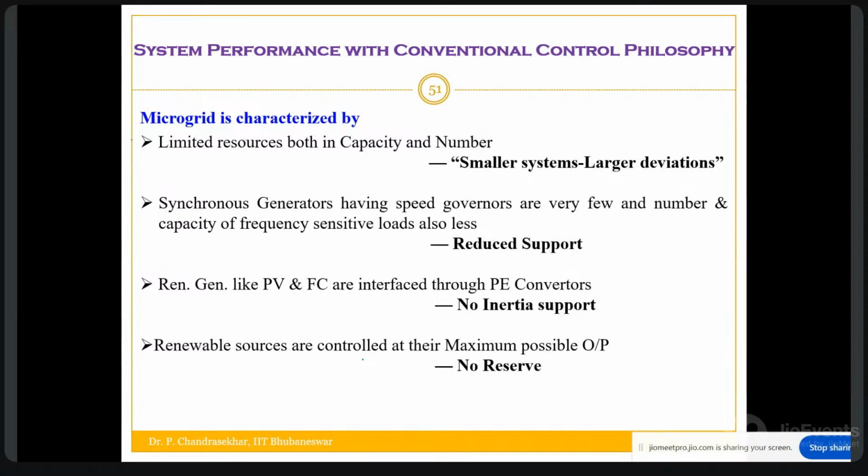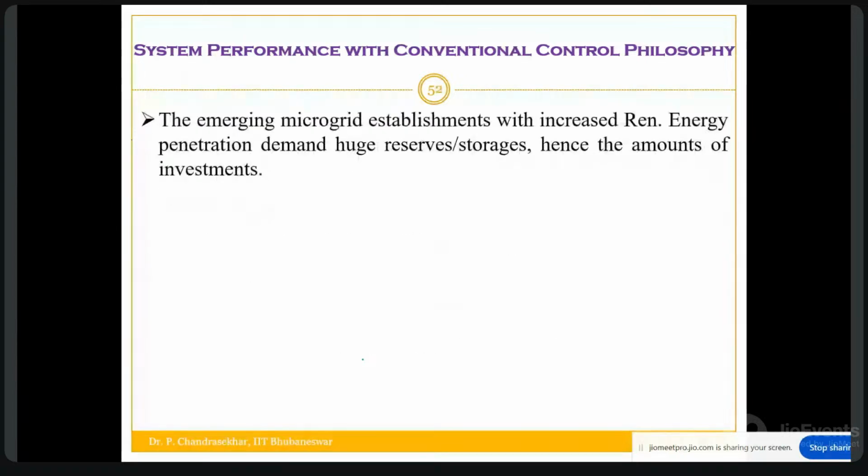So far we have discussed operating at maximum power point tracking, but it may not be good always. We have to go for a power dispatch. We have to convert the existing renewable energy source into a dispatchable source, so we have to design a controller such that the sources operate as dispatchable sources.